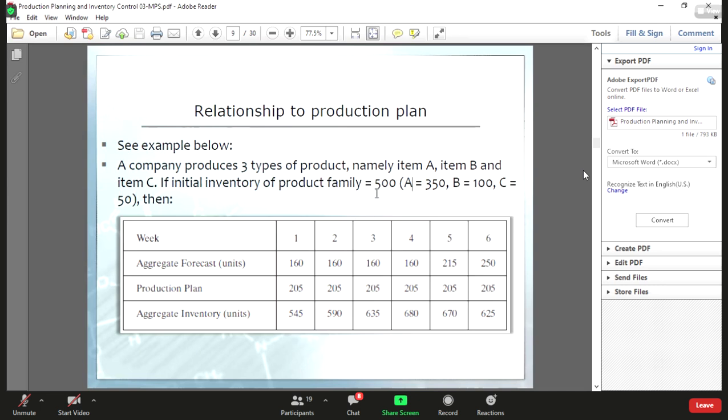Because previously we have 500. We decide to produce 205. So in total we will have how many? 705. The requirement is only 160. So at the end of period 1, we will have 545. Is it clear?